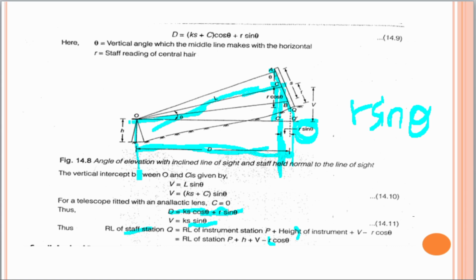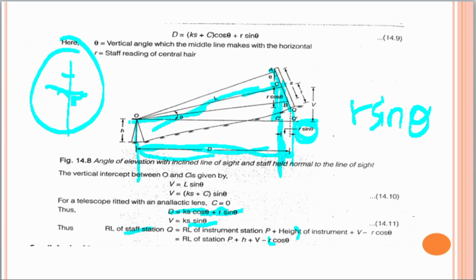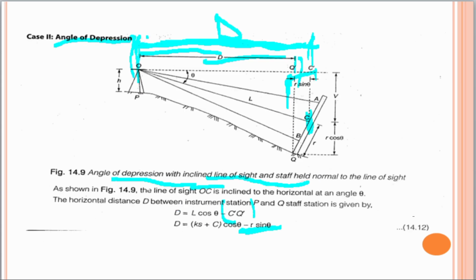So our D is from here to where our center of the staff C, where our middle distance is read. So that is called the crosshair, where our center crosshair is. So there is where our D reaches. That's where in this question we are adding in order for us to have that complete distance there, and here we are subtracting in order for us to have the distance that is supposed to be.